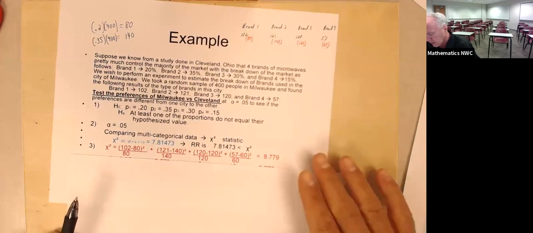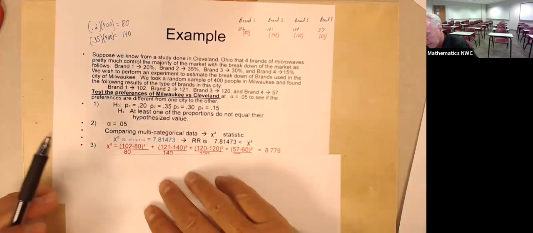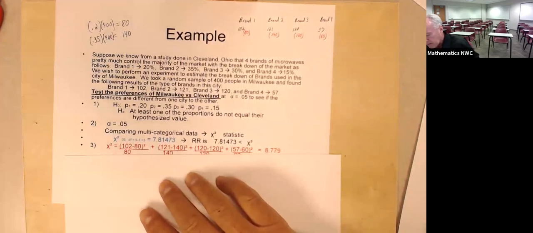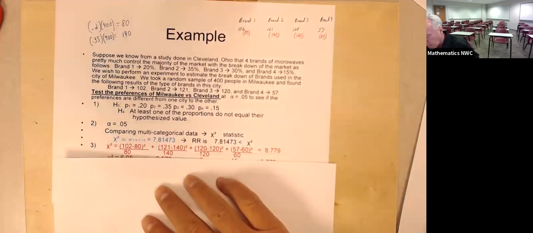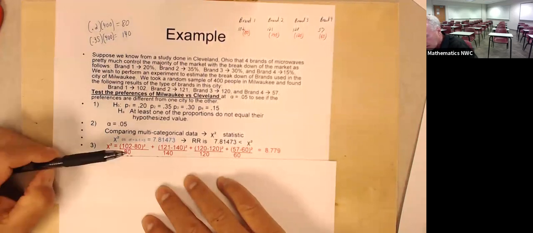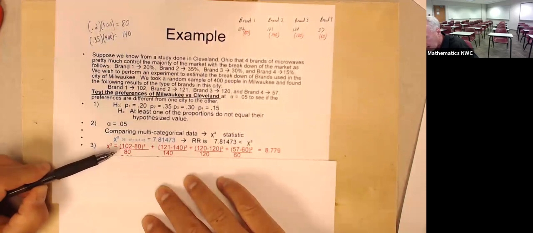Now let's take a look at this calculation of chi-squared. What am I doing here? And this is again why I want you to calculate these numbers out. I want you to get a sense of what chi-squared measures. I'm not just trying to make you do busy work.